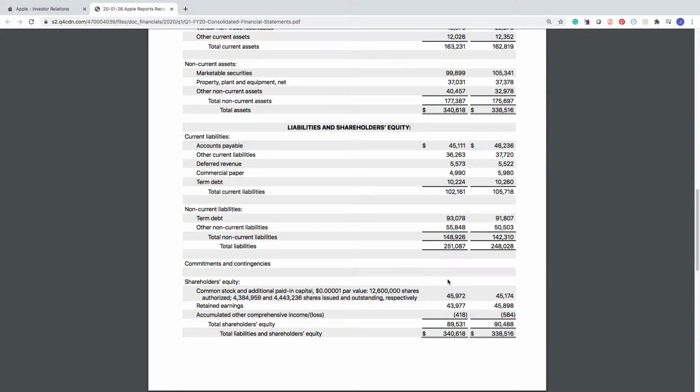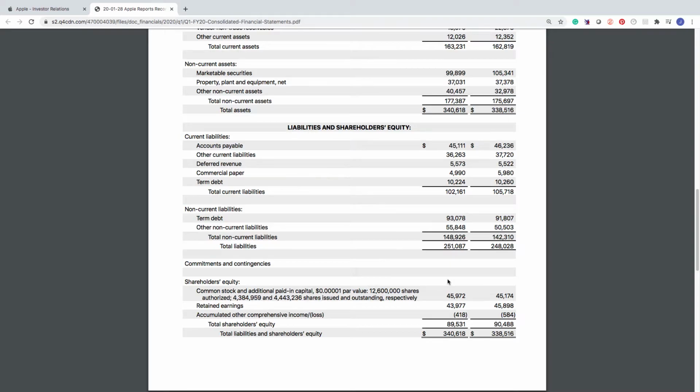Now, the accounting standard allows companies to deduct this depreciated amount from their revenue and include it as an expense on the income statement. However, when it comes to the cash flow statement, we are concerned with the items which actually move cash in and out of Apple's bank accounts.